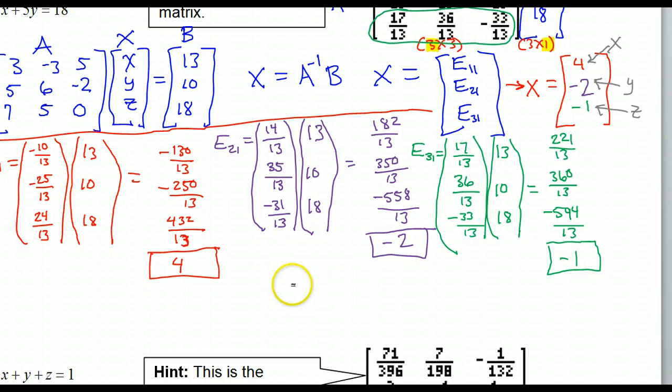And this time I think I'll put it as an ordered pair. Now I'll do it both ways. So X equals 4, Y equals negative 2, and Z equals negative 1, which I could write as an ordered triple: 4, negative 2, negative 1.